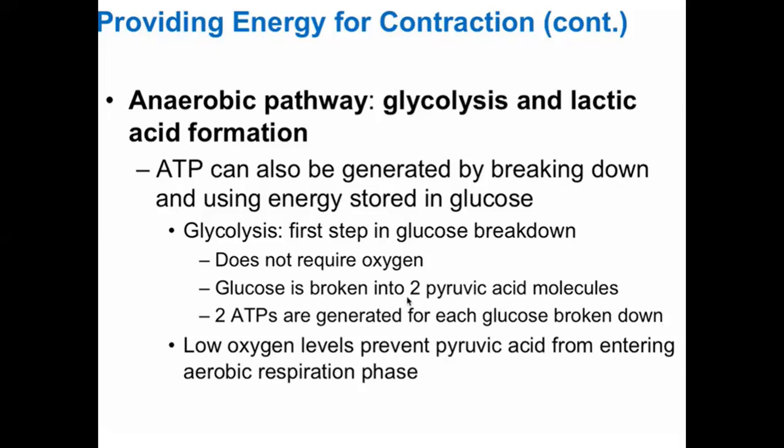The problem is that immediate source comes with a price, and the price is formation of acid. Now, we'll come to muscle fatigue, and you'll see that one of the things that have been attributed to fatigue will be the buildup of the lactic acid and the depletion of other electrolytes, but we'll come to that later.